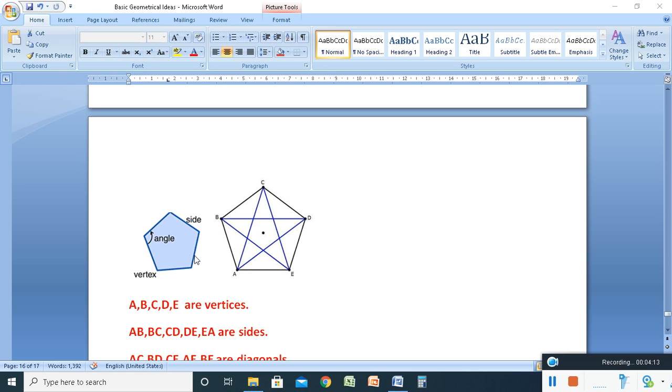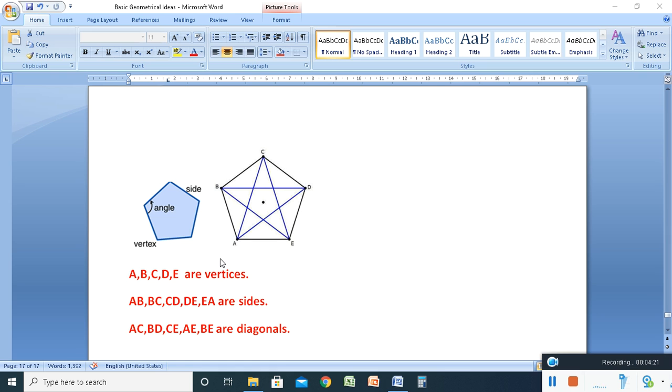So this is a pentagon, with five sides. Now we'll talk about sides, vertices, diagonals, adjacent sides, adjacent vertices and all. From this picture, the sides: you can say this is one line segment AB, and the next side is BC.